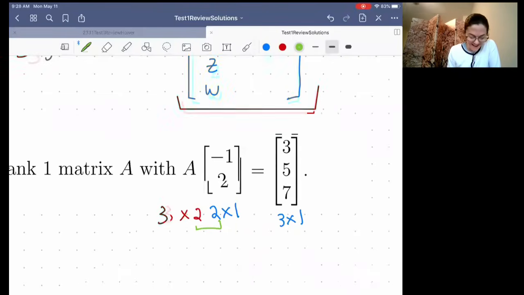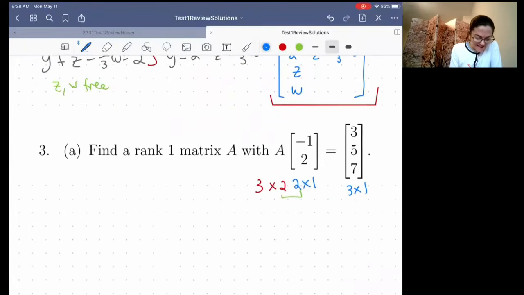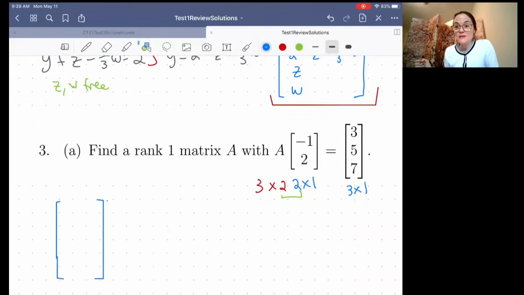Okay, that looks good. So now let's start this. We want 3 rows and 2 columns such that A times minus 1, 2 is that vector, and we need A to be rank 1. 3 rows, 2 columns would be something like this. Now, there are multiple things you can do.